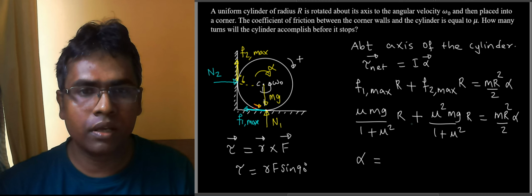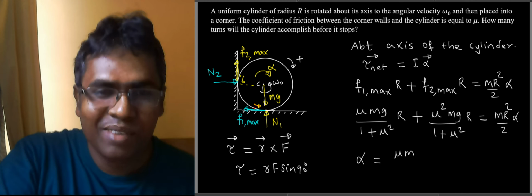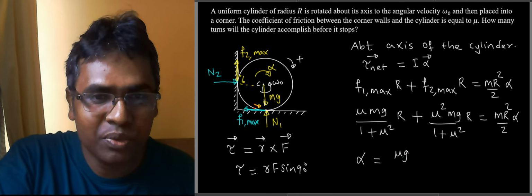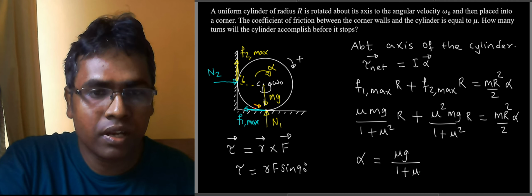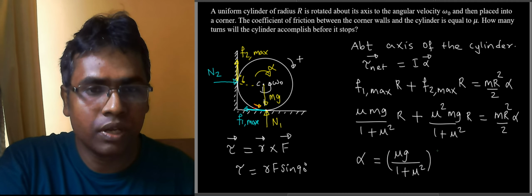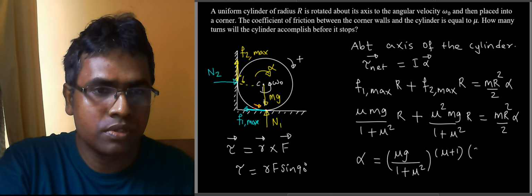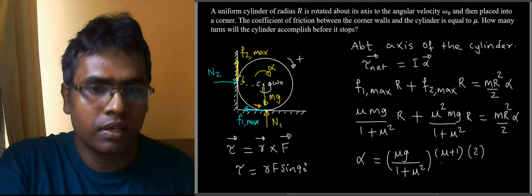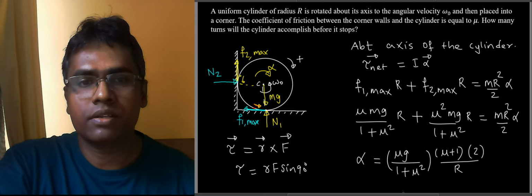I can take mu g by 1 plus mu square, a common factor, and then I have mu plus 1, and a 2 also comes here, and then I divide by r. So that is the angular acceleration.